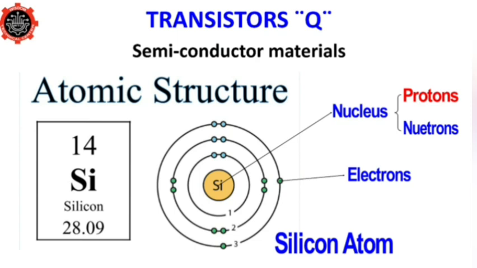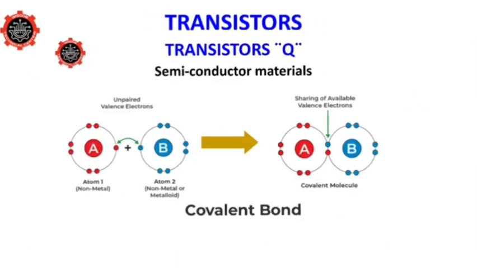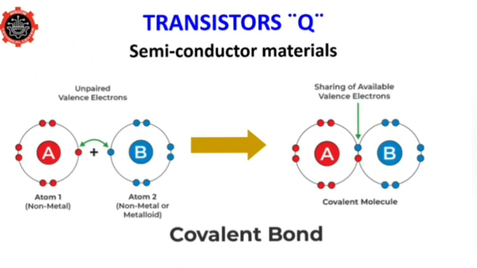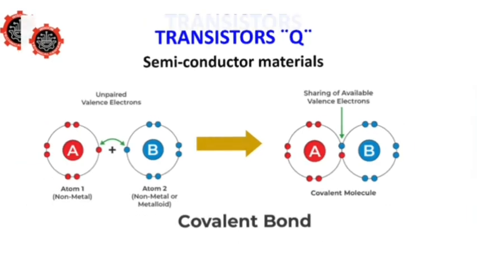And when we grow it together as a crystal, we develop what is called covalent bonding. Covalent bonding is the process of sharing valence electrons, resulting in the formation of crystals.